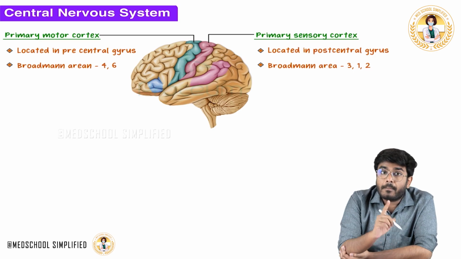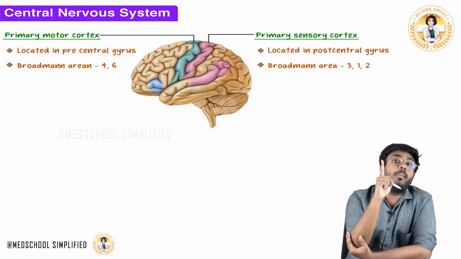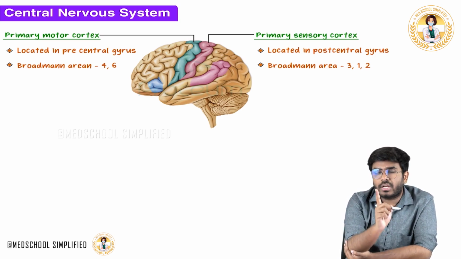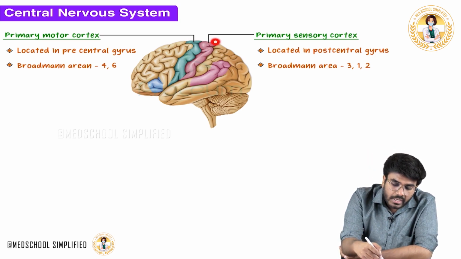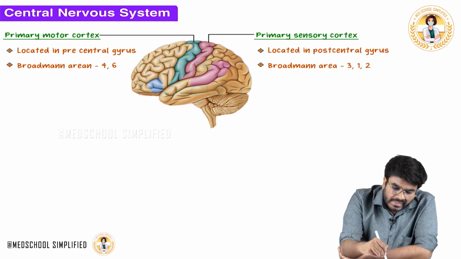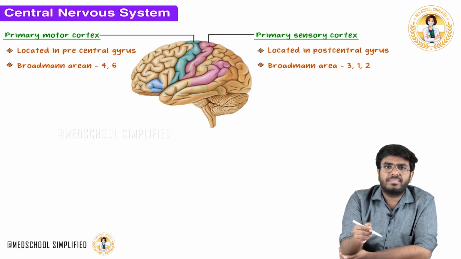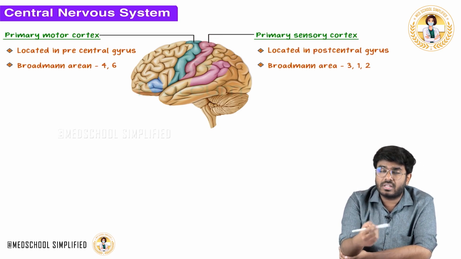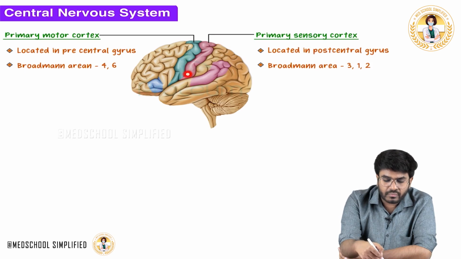Yes, true, but actually 40% of the upper motor neurons will come from the somatosensory cortex. We are calling it the sensory cortex because that's the region which is receiving all the sensations and processing all the sensations. This is the area where you feel the sensations.